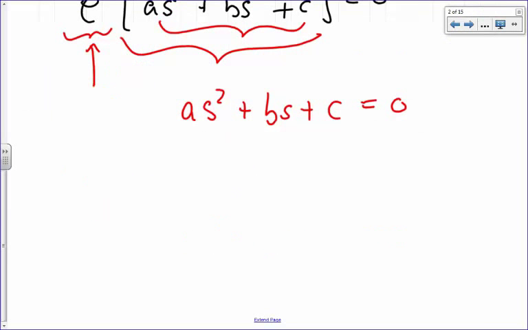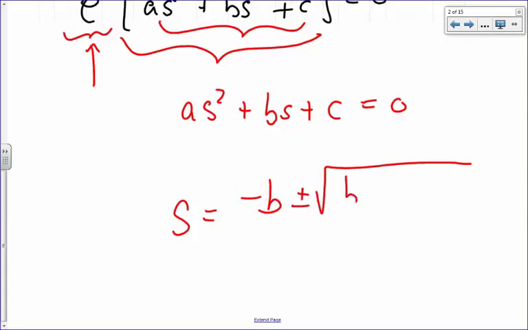So what are the two allowed values of s? Quadratic formula: negative b plus or minus the square root of b squared minus 4ac, over 2a.